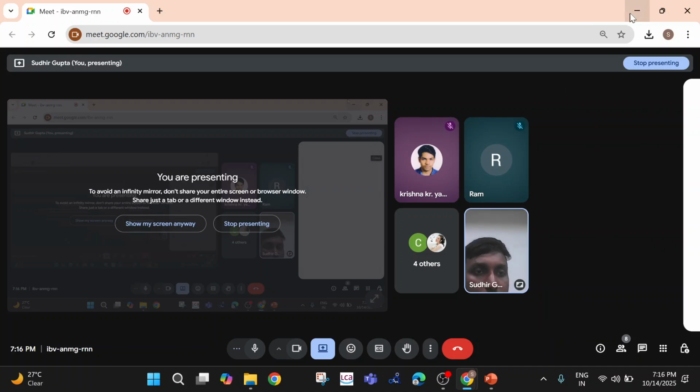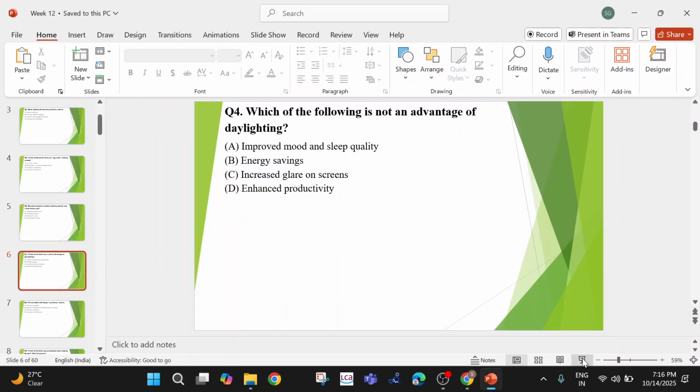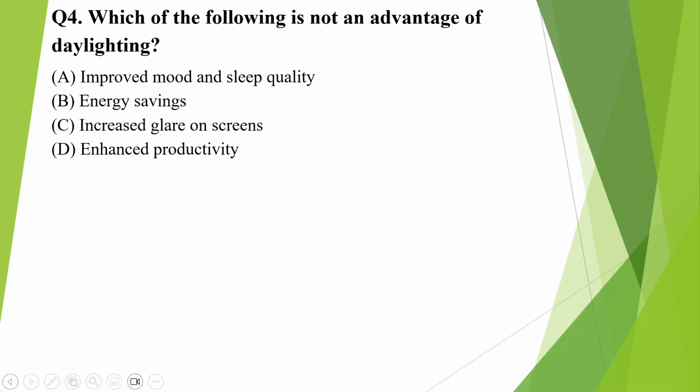But let me tell you the correct answer, guys. The correct answer for this question is option C, and all of you are correct. Glare is the only disadvantage that can cause discomfort, and that can be the disadvantage of having a high amount of daylight, or not a proper amount of daylight due to improper design. So all of you are correct.